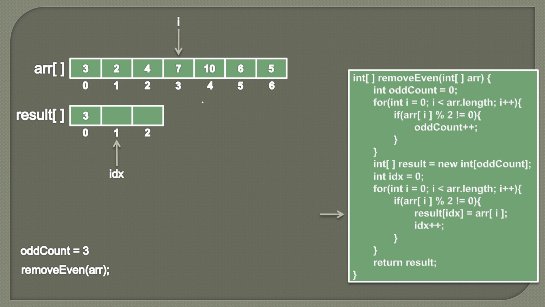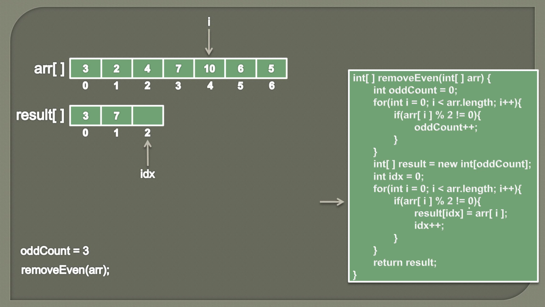It means we have found our second odd integer, which is 7. So we will assign the value 7 to the result array at index 1. So 7 comes here. We will increment the index. We will increment I. 10 divided by 2 will give remainder as 0.